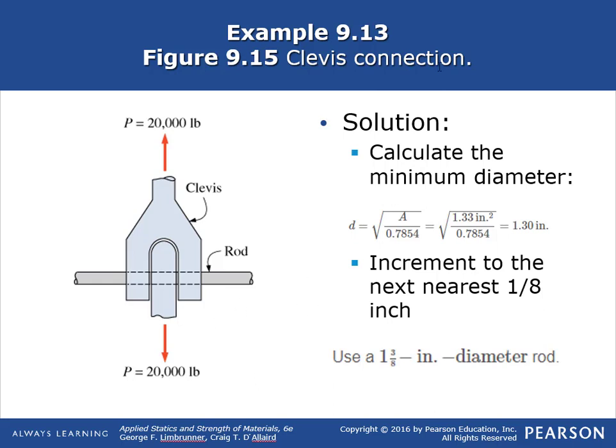Then what we do is calculate the minimum diameter based on the minimum area we calculated, and then increment that to the next eighth of an inch. So d equals the square root of 4 A over pi, which gives 1.3.